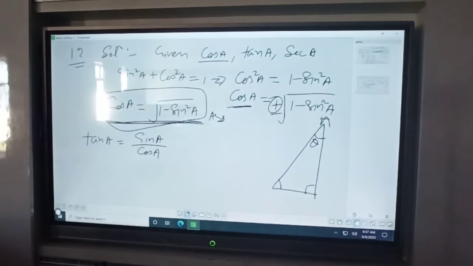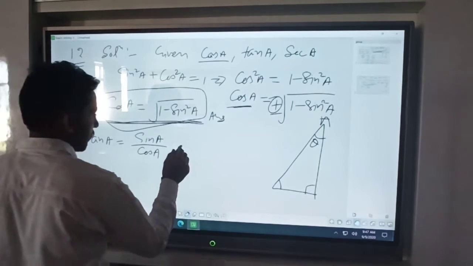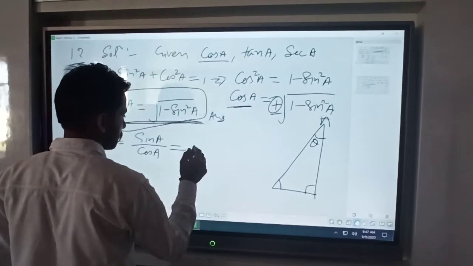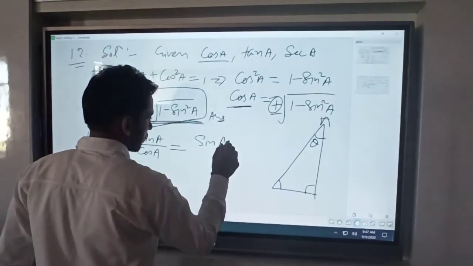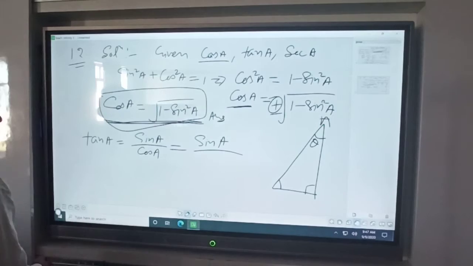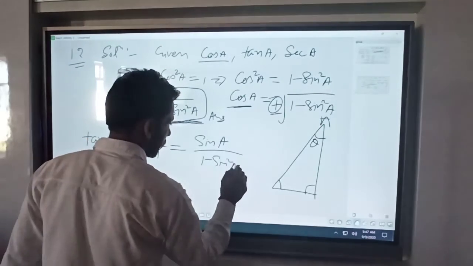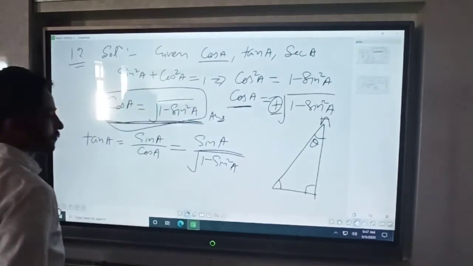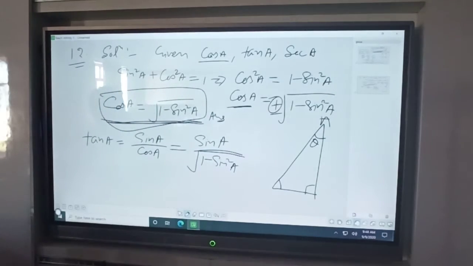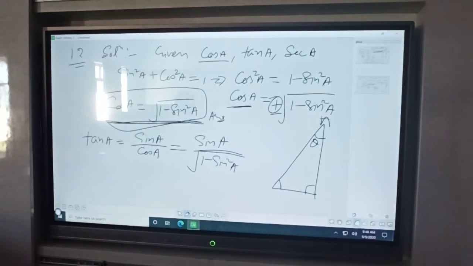Above step में हमने क्या किया है? cos A की वैल्यू फाइंड कर रखी है. cos A की वैल्यू पुट कर दो. Then tan A क्या बन जाएगा? sin A over cos A, where cos A is square root of 1 minus sin square A. This is the value of tan A in form of sin.